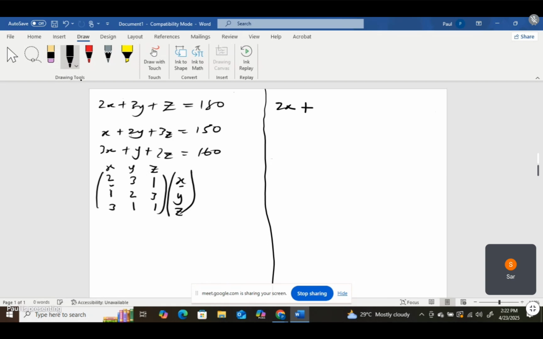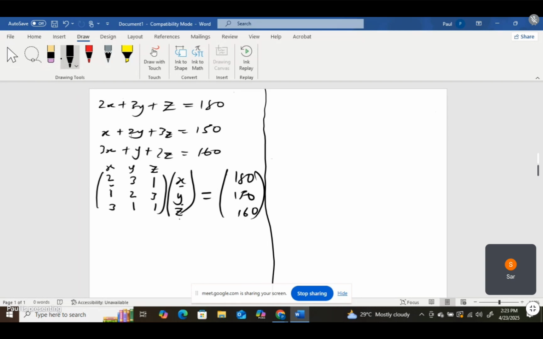Then this y will multiply the 3, so 3y. Then the z here will multiply the 1, plus z being equal to 180. So we say here 180, 150, 160. So this is how you resolve it into a matrix.